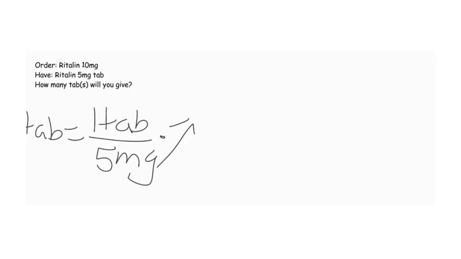And remember, we want to cancel out milligrams because we're looking for tabs and we only want tabs in our equation. But we have to get to a point to cancel out this other unit of measure, which in this case is the milligram. So we're going to put our 10 milligram in the numerator and we're going to put it over 1.